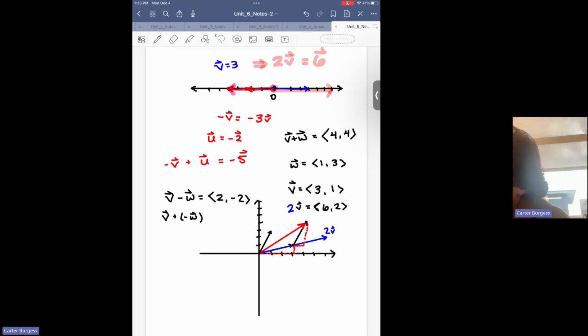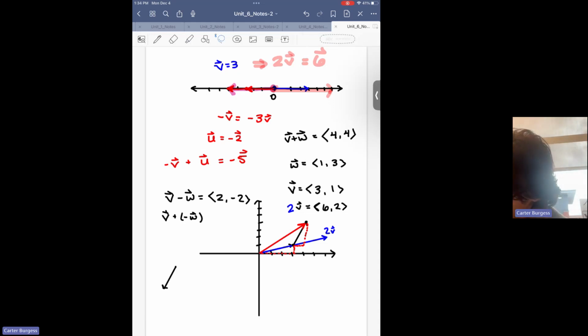Then when I take the negative of this particular vector, the only thing that changes is that rather than my arrow pointing up and to the right, my arrow will instead point down and to the left, simply rotating it 180 degrees.